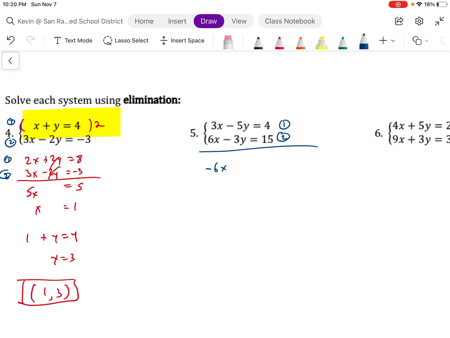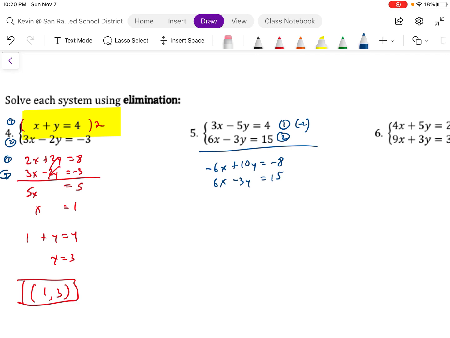I don't want you guys to get confused. I'm multiplying this by negative 2, and this gives me plus 10y equals negative 8. This is 6x minus 3y equals 15.